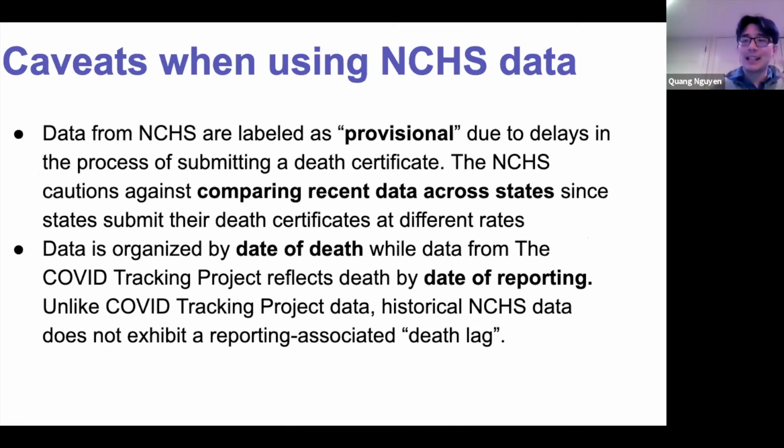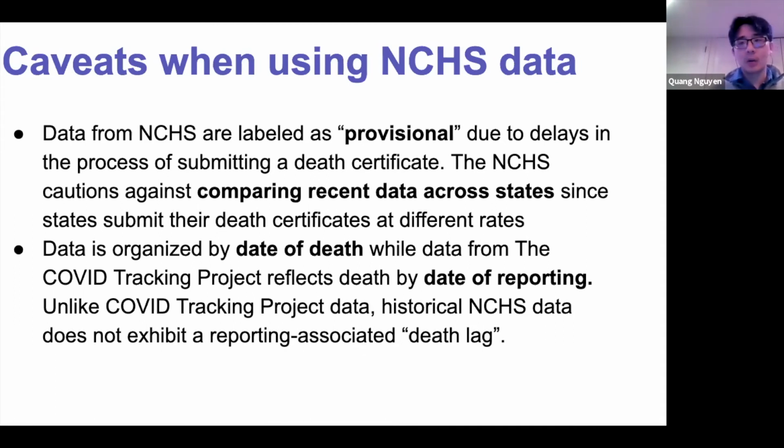The NCHS estimates that about 72% of deaths occurring within the past 8 weeks would be submitted and presented on the table. So take that with a grain of salt in terms of the timeline in which you're doing these comparisons. Usually, at least in epidemiological literature, people often go at least a month back when they're doing these comparisons, but it varies case by case.